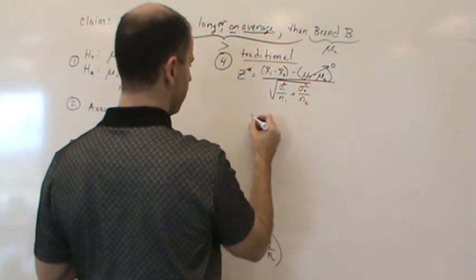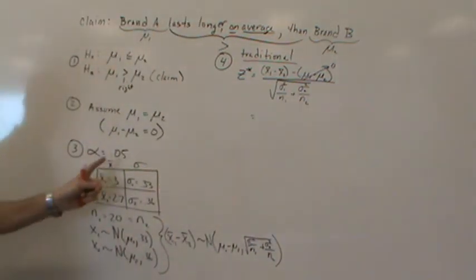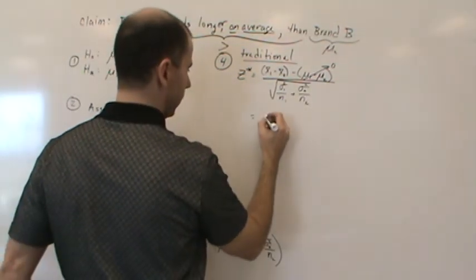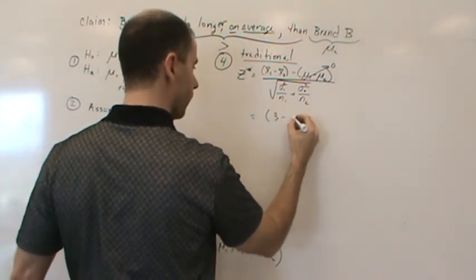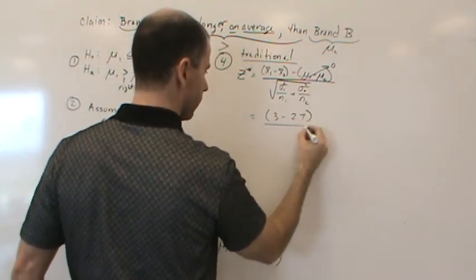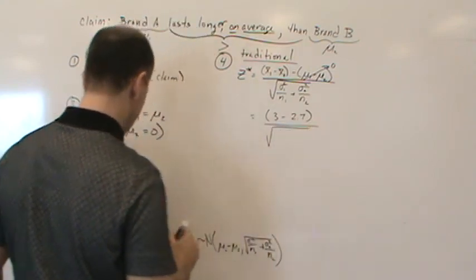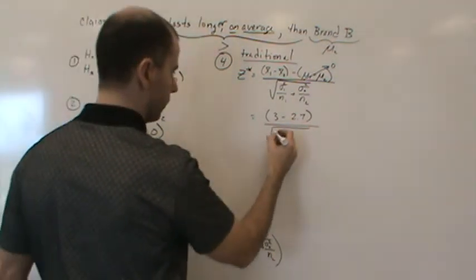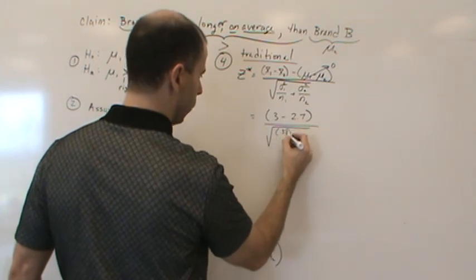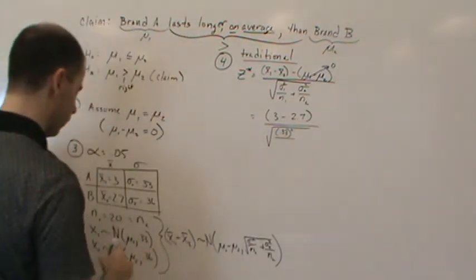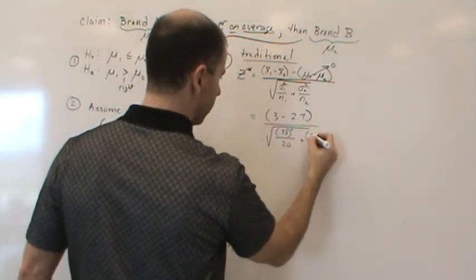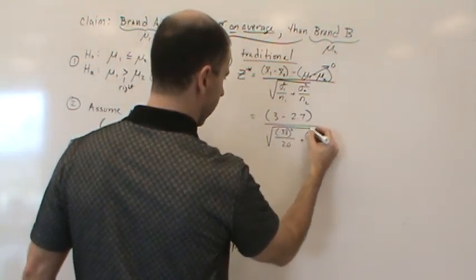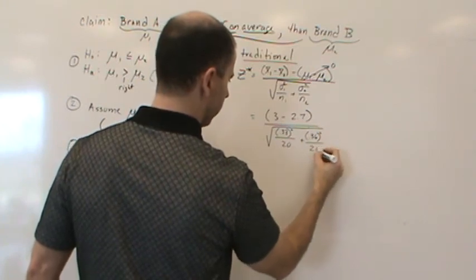And so now if we plug and chug, well, we have the information right here. x bar 1 is 3. So this is going to be 3 minus 2.7 divided by the square root of 0.33 squared divided by n1, which is 20, plus 0.36 squared, also divided by 20.